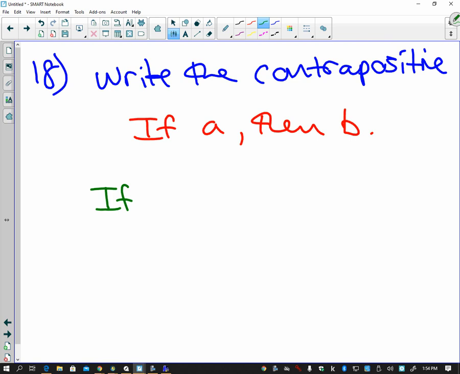What does the inverse do? Converse switches B and A. What does inverse do? No, that's biconditional. Inverse does what?